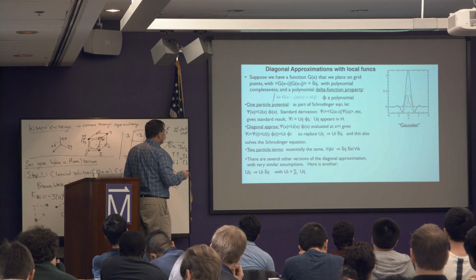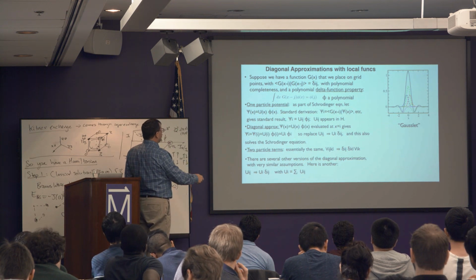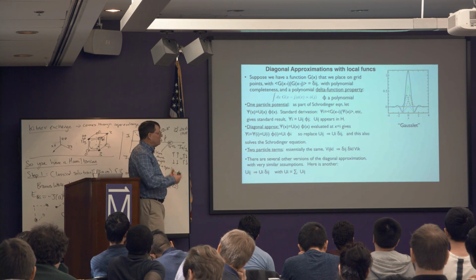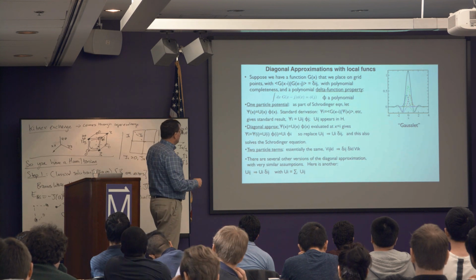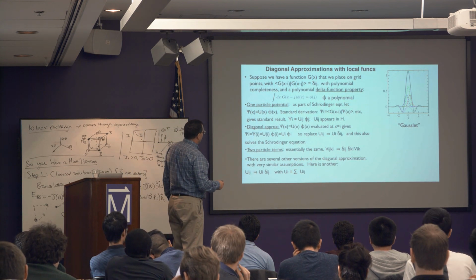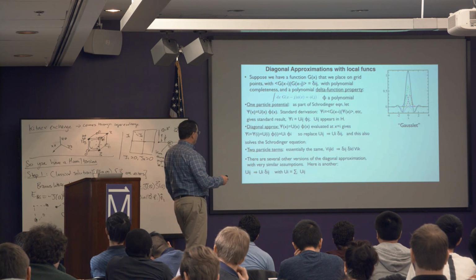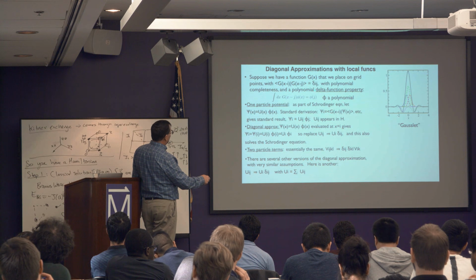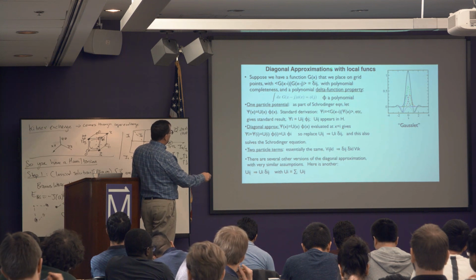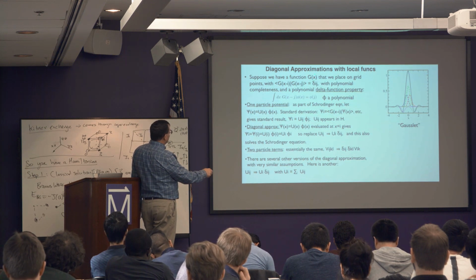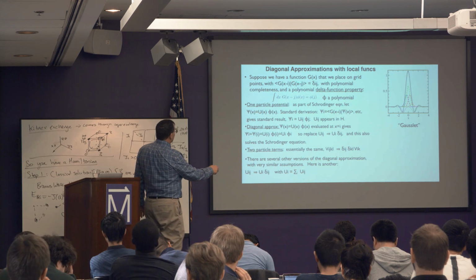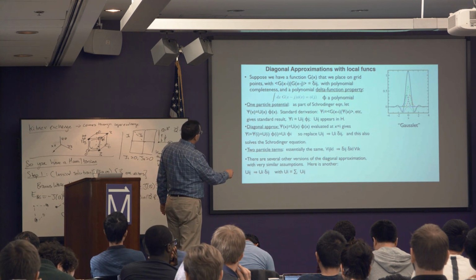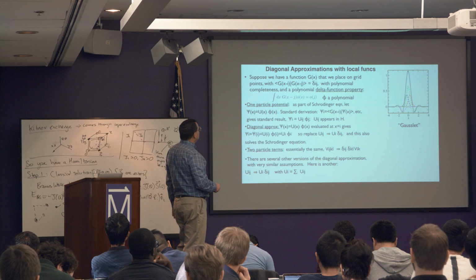Okay, so this is the whole derivation. It's super simple and it's not very rigorous, but we have lots of numerical tests that show that it worked very well. So let's say our Gauss-let is g of x. It has this orthonormality. It has this delta function integration property.